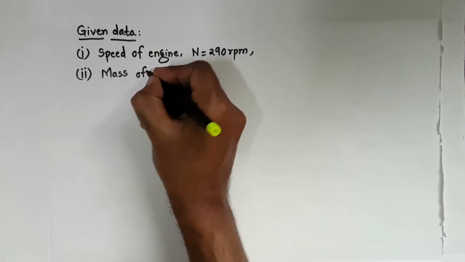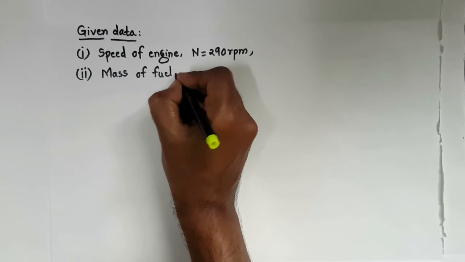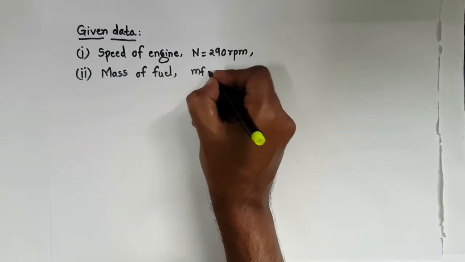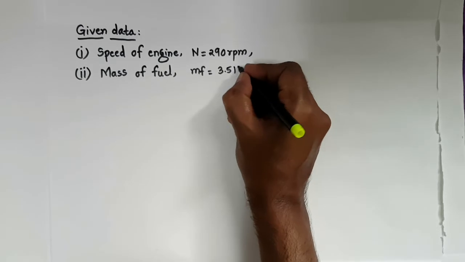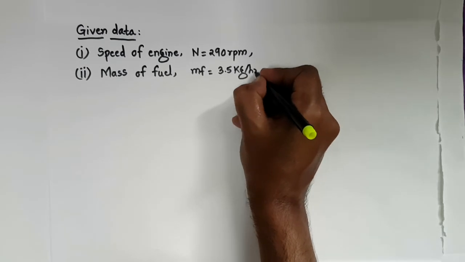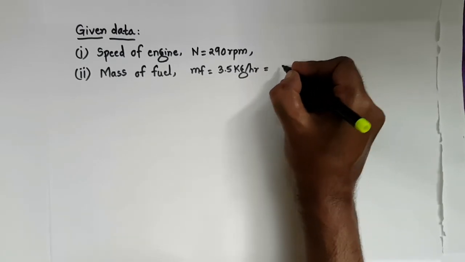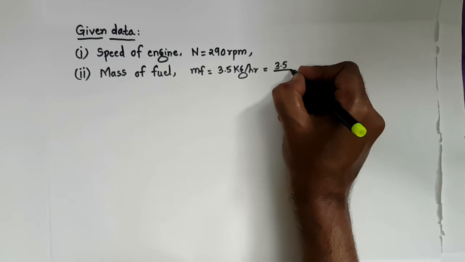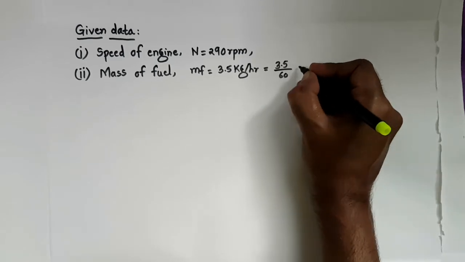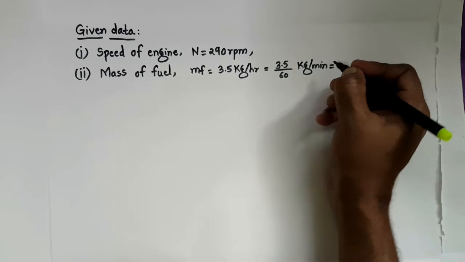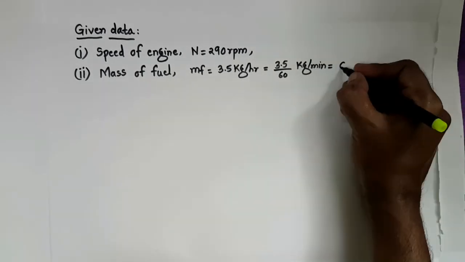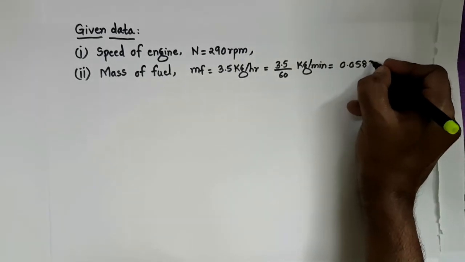So mass of fuel, MF, is equal to 3.5 kg per hour. We will convert it into kg per minute by dividing by 60. So this value we got is 0.0583 kg per minute.